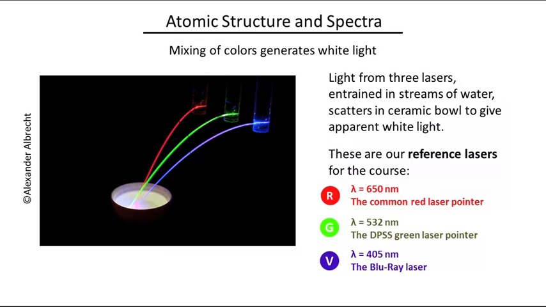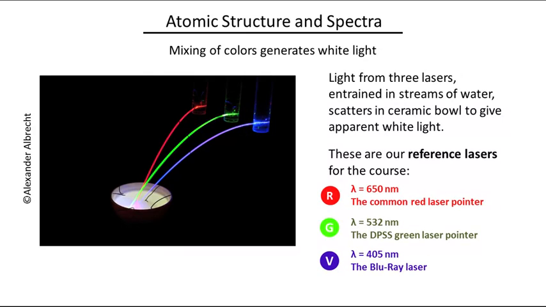These are cylinders of water with a hole, and when they're illuminated from behind, the laser light is entrained in the stream of water that's falling into a dish. And what you see coming out of the dish is scattered light. It's just a random mixture of the violet, the green, and the red colors.